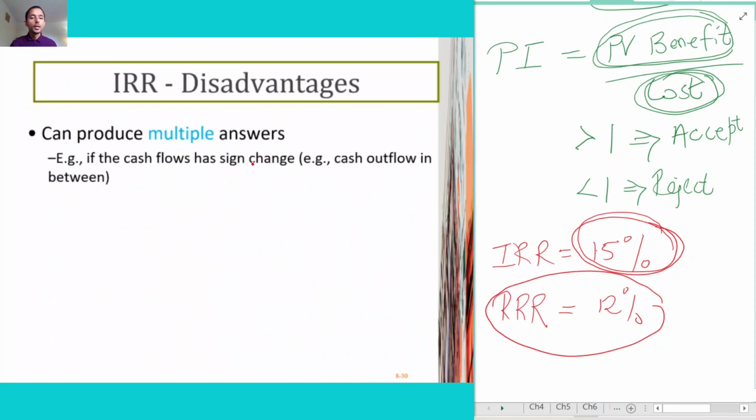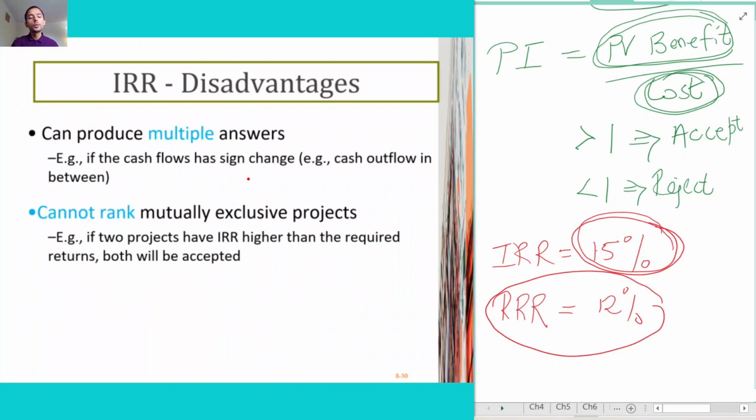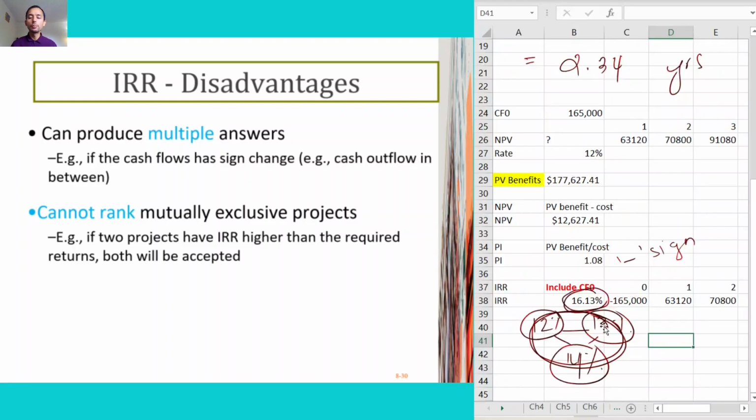The other one, which we already talked about, is that it cannot rank mutually exclusive projects. Just to reiterate, if you have 12%, 13%, 14%, and the IRR is 16, IRR says accept all of them, because the IRR is higher than the required rate of return for all of these three projects.